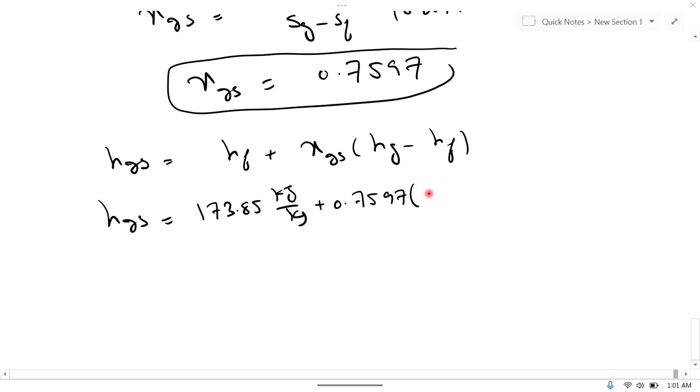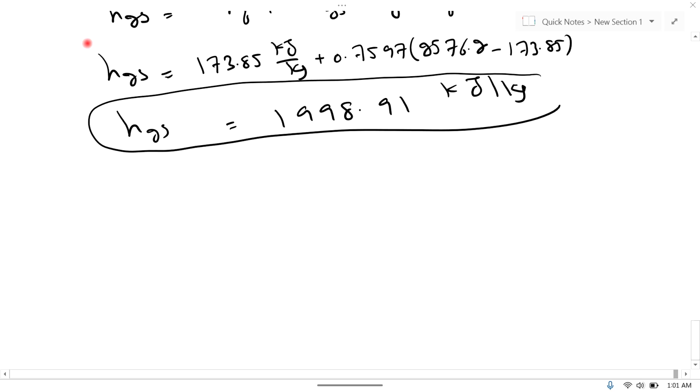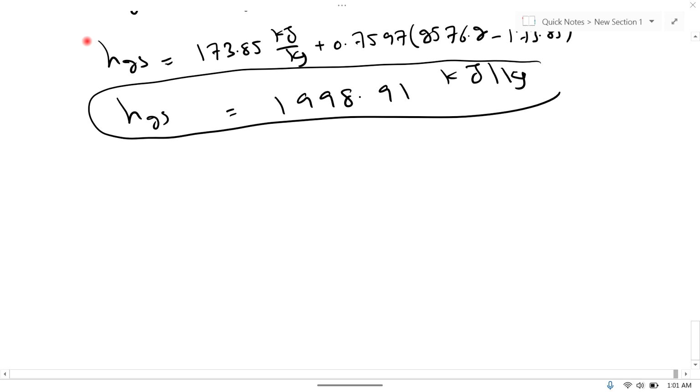Hg is equal to 2576.2 minus 173.85. Simplify this and find H2S, which is equal to 1998.91 kilojoule per kilogram.